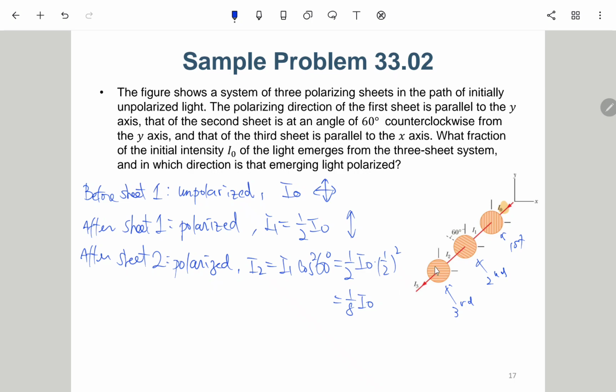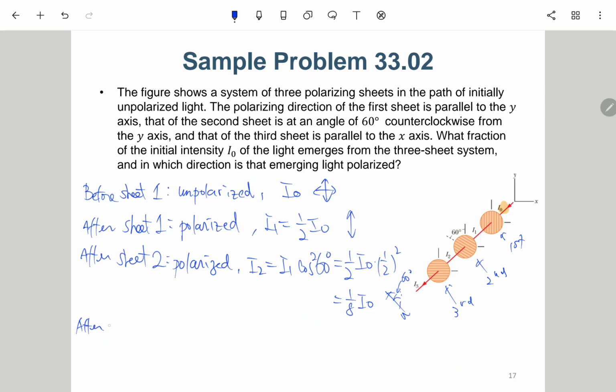And then finally the third one is horizontally polarized. This means there will be a 30 degree angle between this one and the previous one, because it is 90 minus 60.